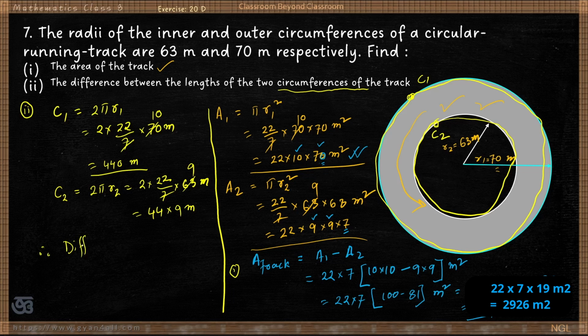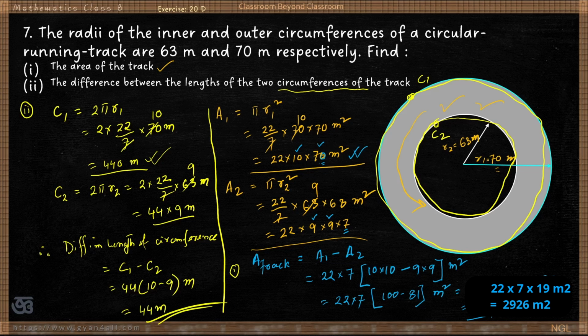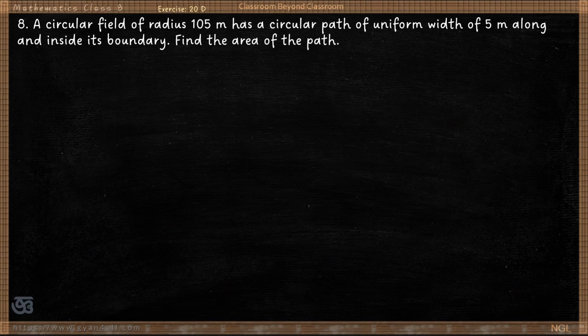Therefore, the difference in length of circumference is equal to C1 minus C2. So we can take 44 common, then 44 multiplied by 10 minus 9, and this is equal to 44 meter. This is the difference between the lengths of the two circumferences of the track.